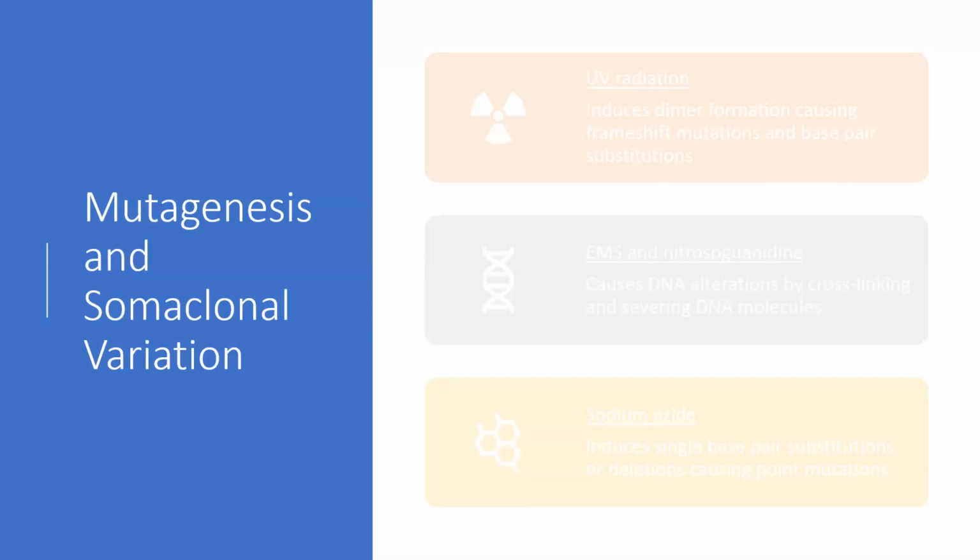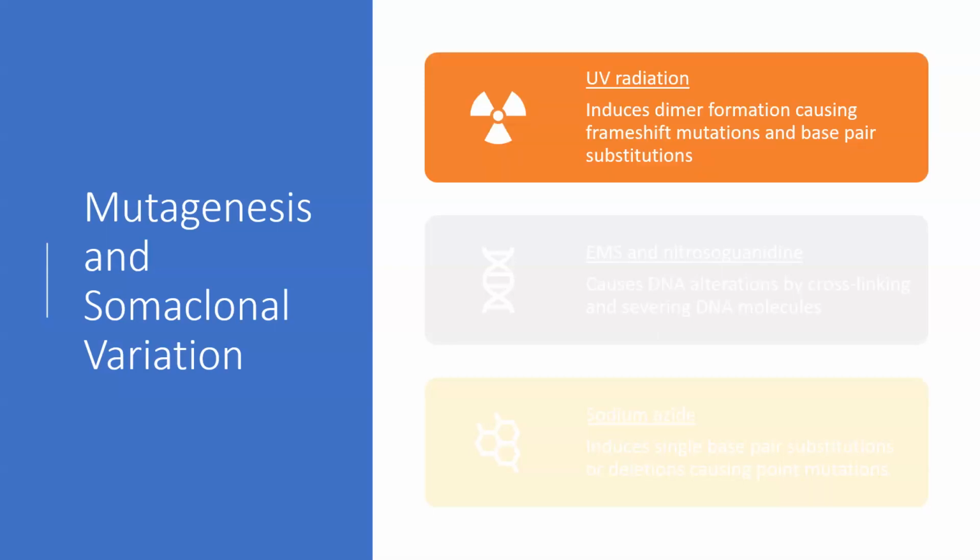Mutagenic agents, both chemical and physical, such as ultraviolet or UV radiation, ethylmethane sulfonate or EMS, nitrosoguanidine, and sodium azide, are used to produce various heritable forms of somaclonal variation. UV radiation induces dimer formation between adjacent thymine residues in DNA.